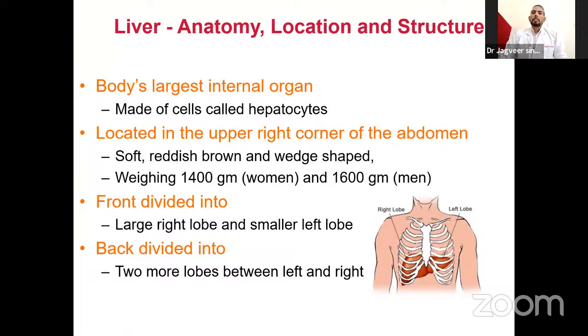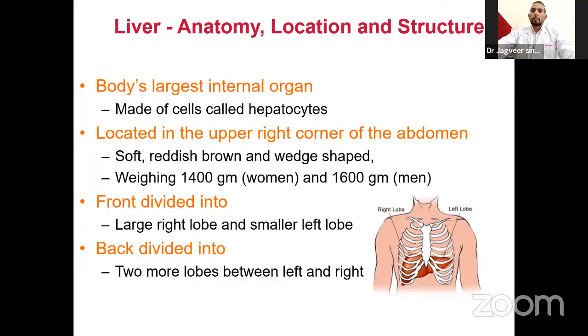This is the body's largest internal organ, and it is made up of cells called hepatocytes. It is located in the right upper quadrant of the abdomen. The weight is around 1.5 kg.